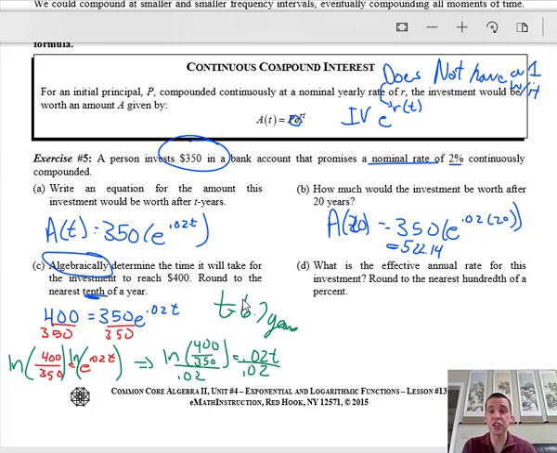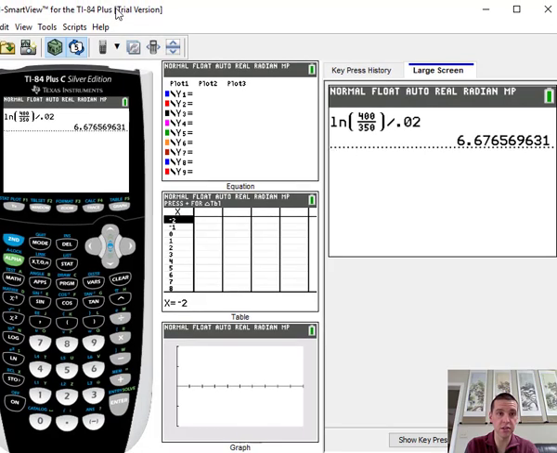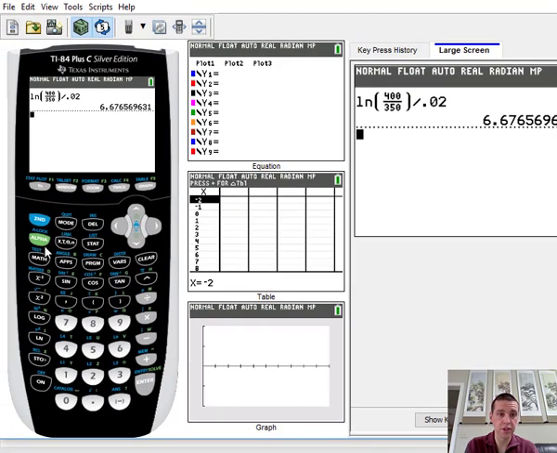What's the effective annual rate of this? So what we are going to do here is we're going to take e to the 0.02, and the t was just 1. That's how we did it above. When you do e to the 0.02, remember again, how do we get e? second ln, 0.02.